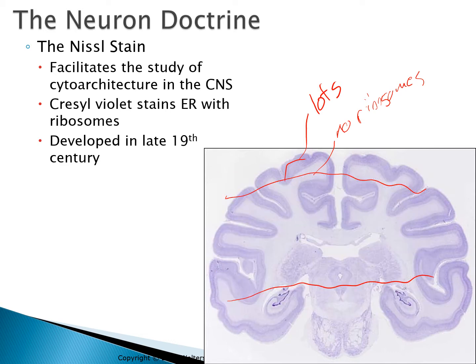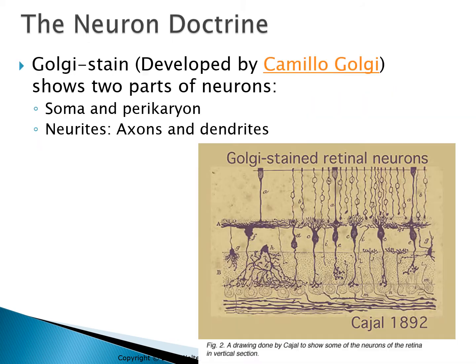So going back to here, again, these are cell bodies, and these areas all throughout are axons, with no proteins being developed. Now, there was a Golgi stain developed by Camillo Golgi back in the 1800s that showed there are two major parts.